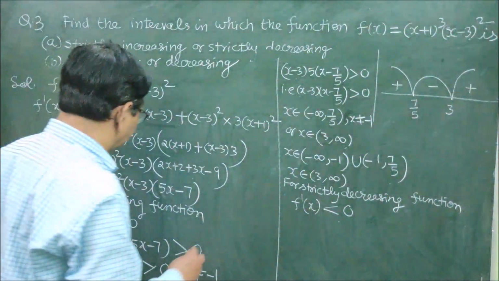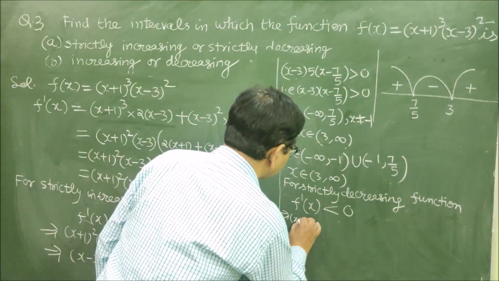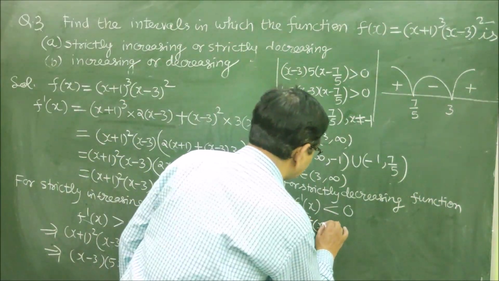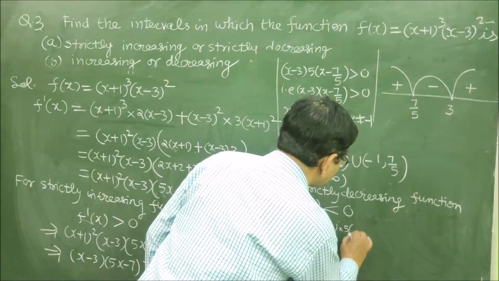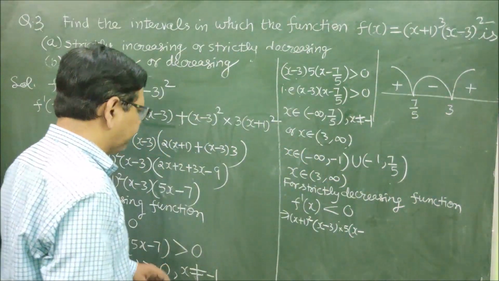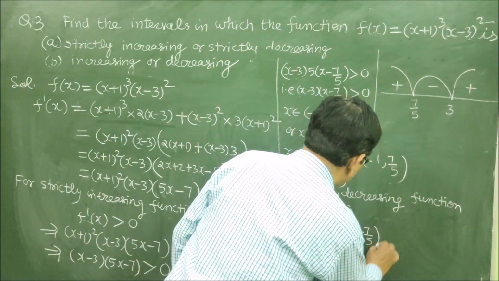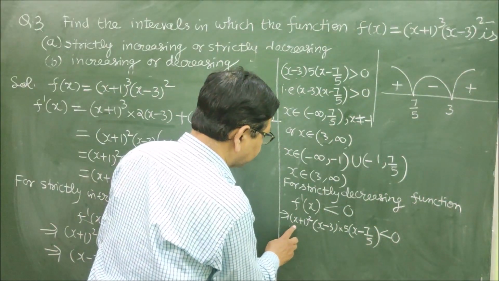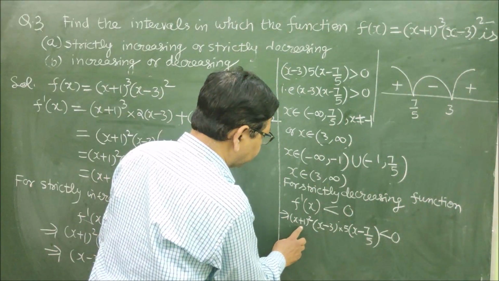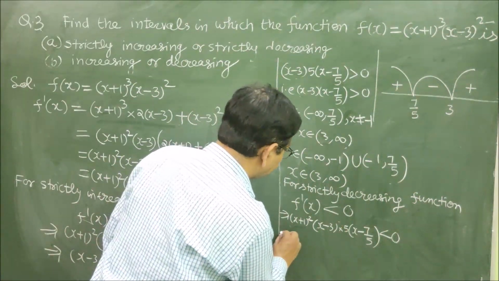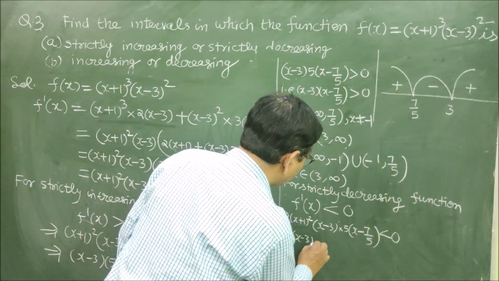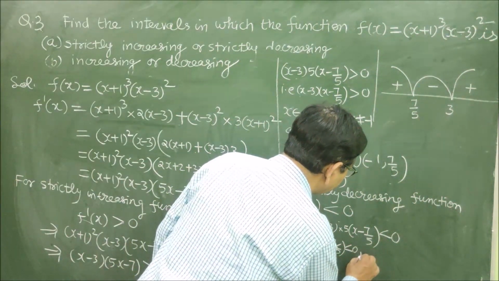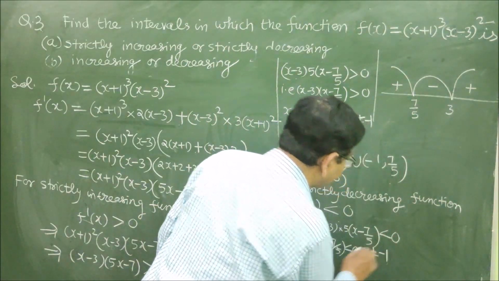That is, (x + 1)² (x − 3) times 5(x − 7/5) should be less than 0. But (x + 1)² is always positive except for x equal to −1, when it becomes 0. So (x − 3) times 5(x − 7/5) should be less than 0, x not equal to −1.